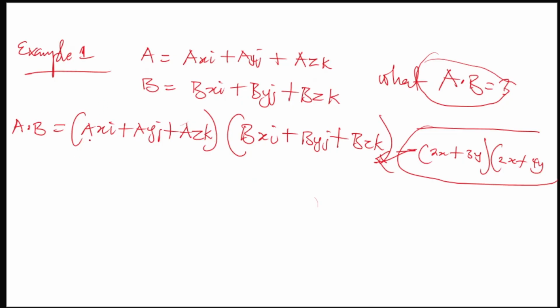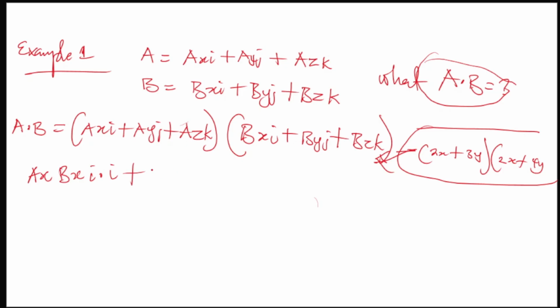Now, if we have AXI multiplying everything in this bracket, this will simply give you AX multiplied by BX of I multiplied by I. You keep the constant aside, then pick AX multiplied by BX. This is I here, this is I here. That's the meaning.